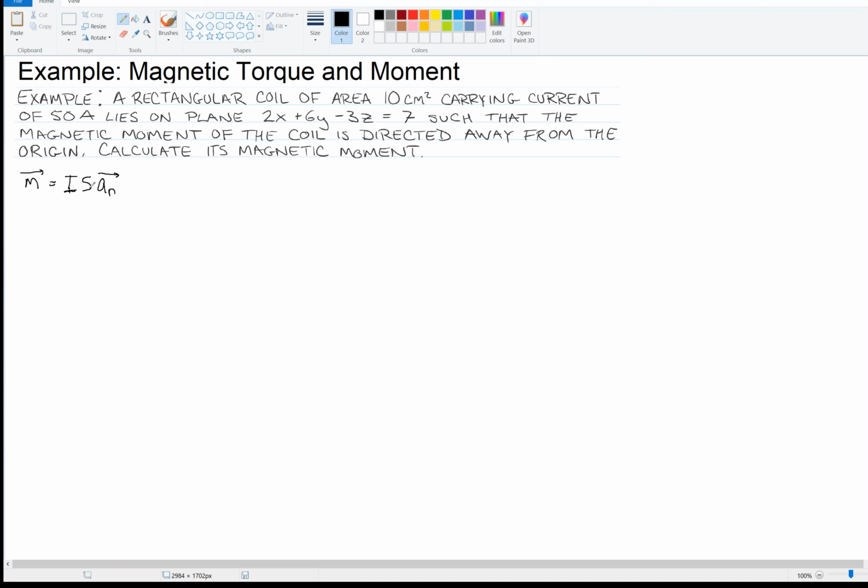We have all of these things except for a_N. We've got the current, 50 amps, and the area of the rectangular coil, which is 10 square centimeters. So we just have to get a unit vector normal to this thing.